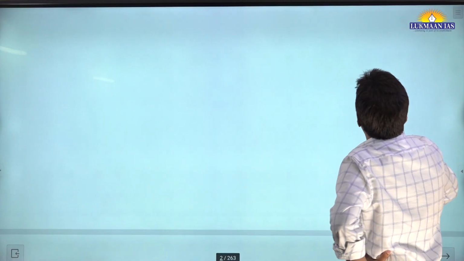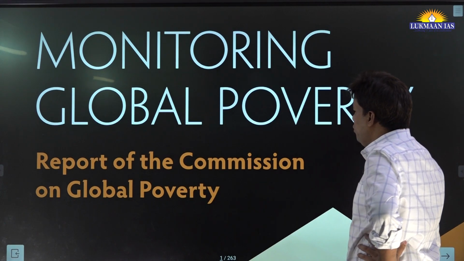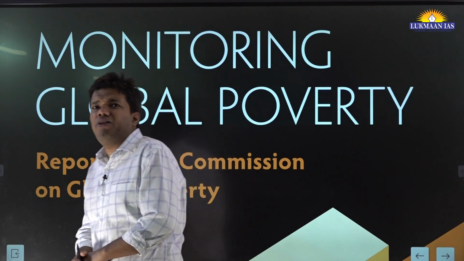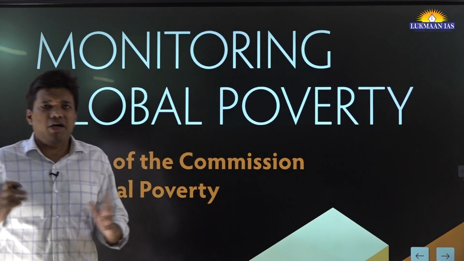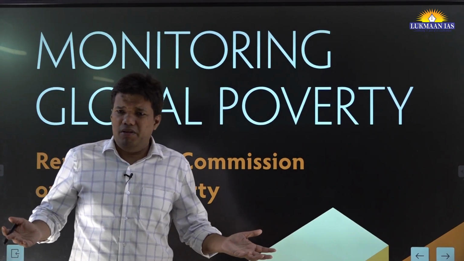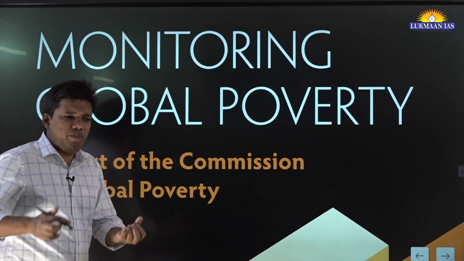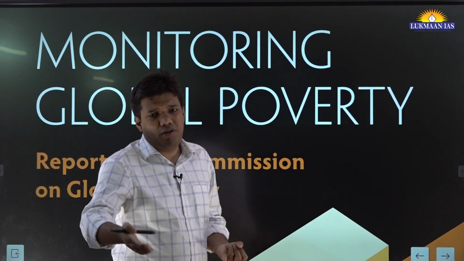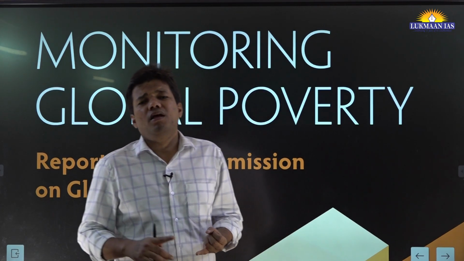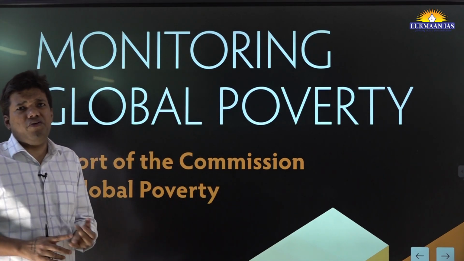The report is Monitoring Global Poverty, the report of the Commission on Global Poverty. It was led under the chairmanship of Professor Atkinson, a wonderful economist. Professor Angus Deaton, Professor S. Subramanian of the Madras School of Economics, and Professor Chen, also a wonderful statistician, were on it.